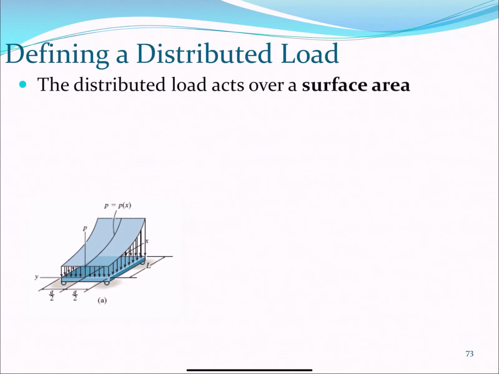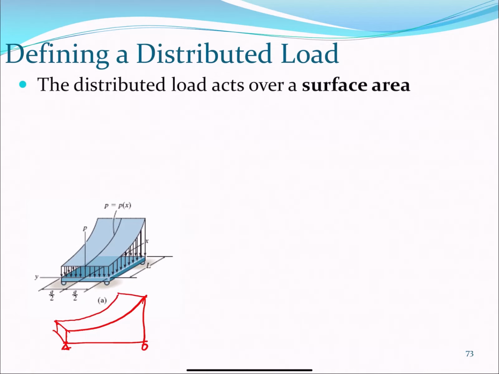So more about distributed loads, and then for example here, our beams. So this is the 3D side, but in 2D we could see this load as just that, 2D. These things have depth, so it's load over area.